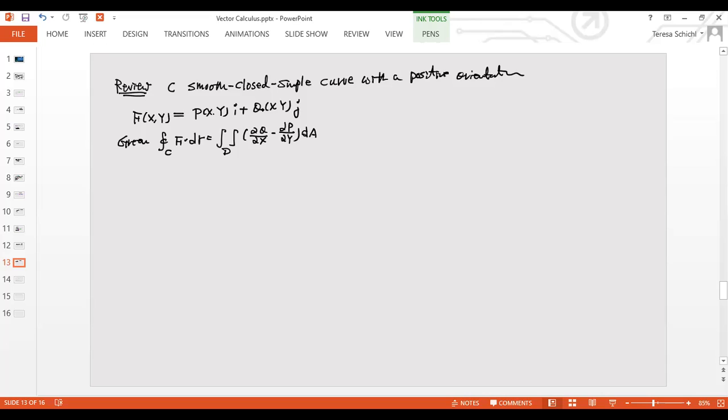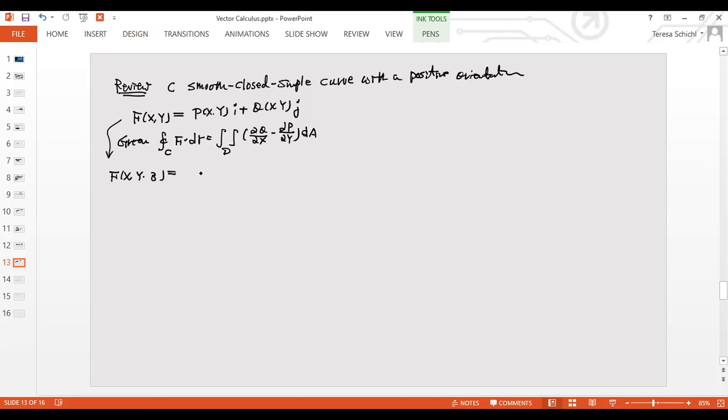Now what is the next thing we want to talk about? We want to write Green's theorem in vector form. Now we have this vector form in xyz, in R3, and we can change these forms.